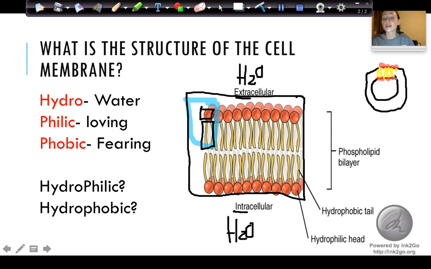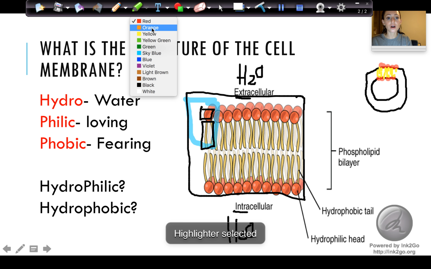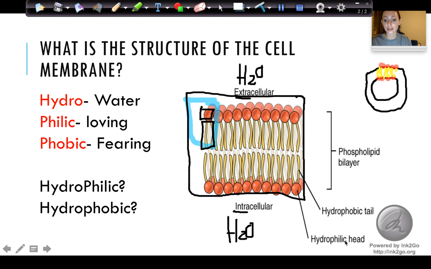Now, we have to look at these two parts. I said I have water on the outside, water on the inside. Now, the only things touching my water are my phosphate heads up here and down here at the bottom. So we call my phosphate heads water loving. They are hydrophilic. They love water. Now on the opposite side, we have my tails right here.